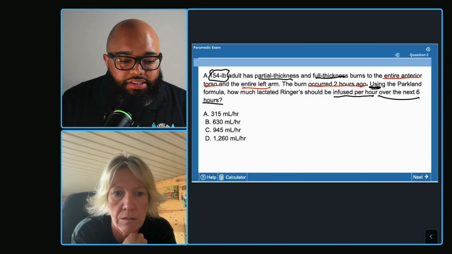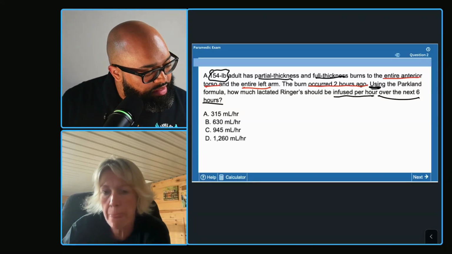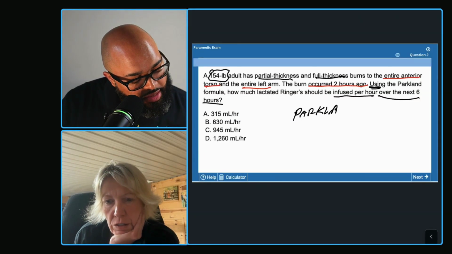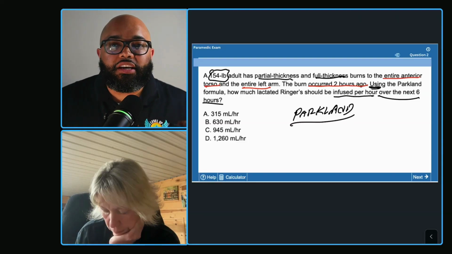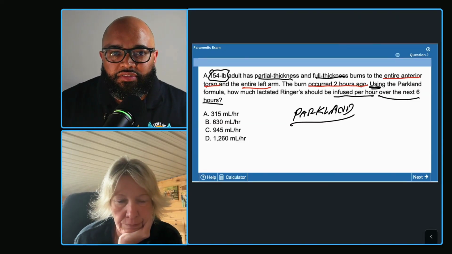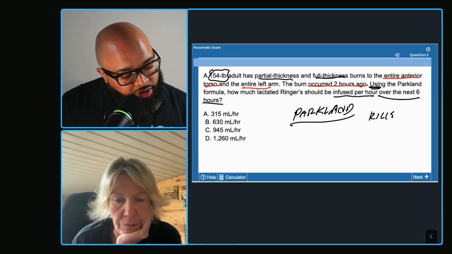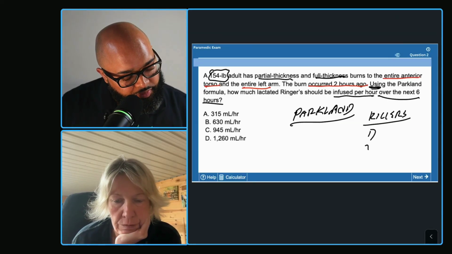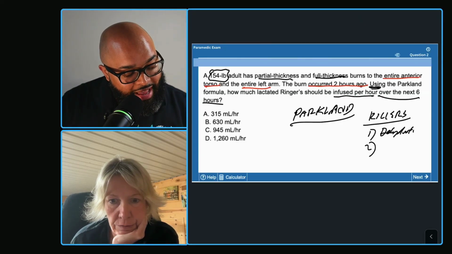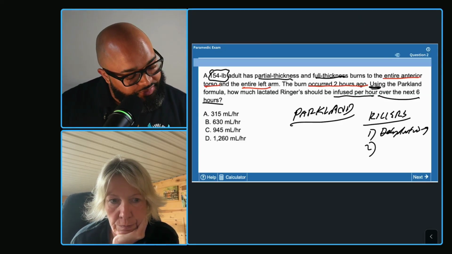All right, so Maris says that it's 4. Okay, that is right. So this is the Parkland formula for everybody. Parkland, okay? Now, why do we care? It's because burn patients, what are the 2 biggest killers of burn patients? Fluid loss. Okay, so we're going to call that dehydration, and that dehydration that gets worse can lead to what kind of shock?